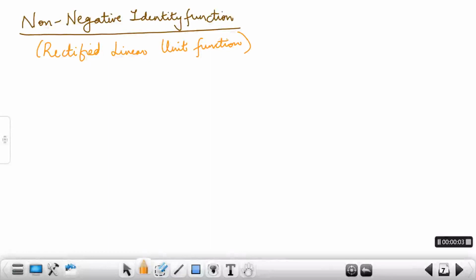We move on to the next activation function, the non-negative identity function. We have already seen that in the identity function, f of net is equal to net for all net.